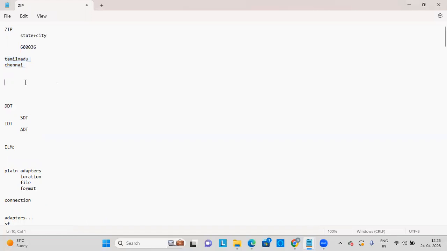Which means zip code is functionally dependent on state and city. This is a simple example to understand how this particular functional dependency analysis is going to work. Clear, guys, to everyone? We are going to do it practically probably after lunch. So make sure that these foundational topics are very clear.